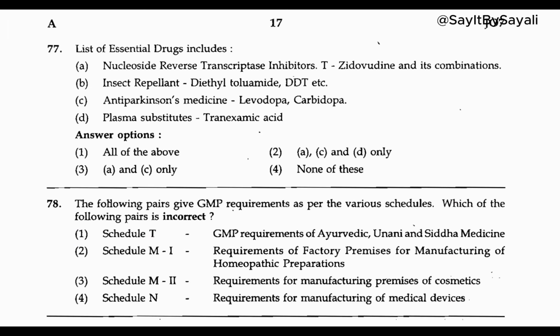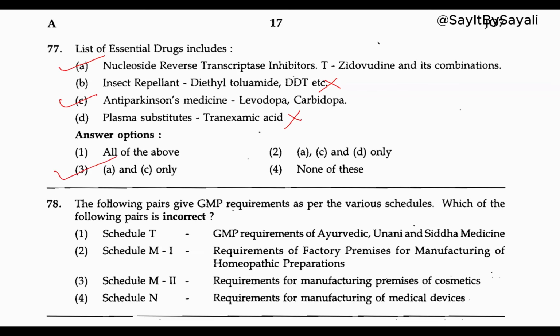Question number 77. The list of essential drugs includes: A. Nucleoside reverse transcriptase inhibitor, zidovudine and its combination. Correct. B. Insect repellent, diethyl toluamide and DDT, etc. No. C. Anti-Parkinson's medicines, levodopa and carbidopa. Correct. And D. Plasma substituent, tranexamic acid. Incorrect. So the correct option is 3, A and C only.